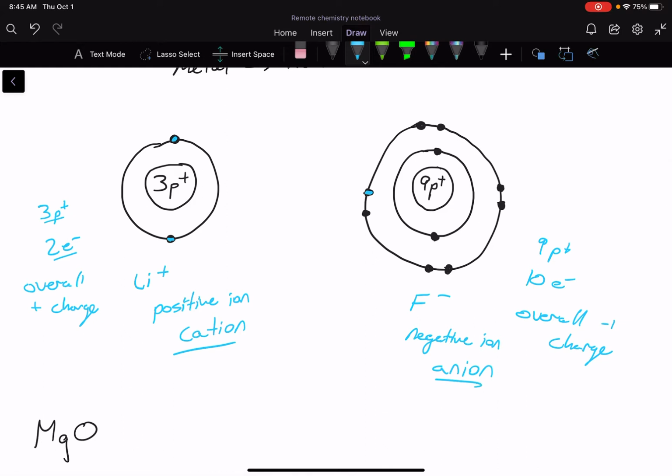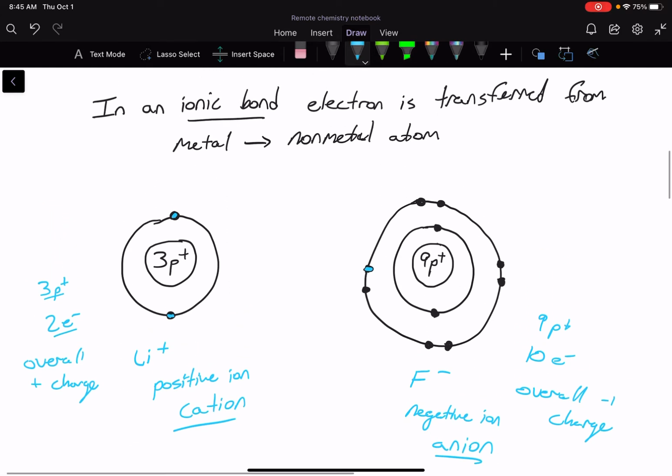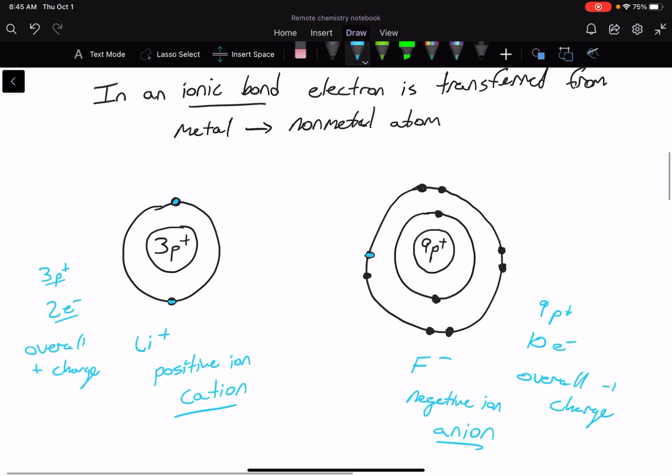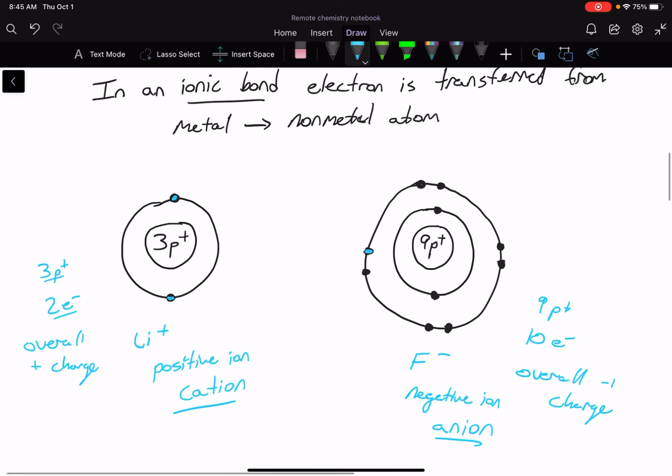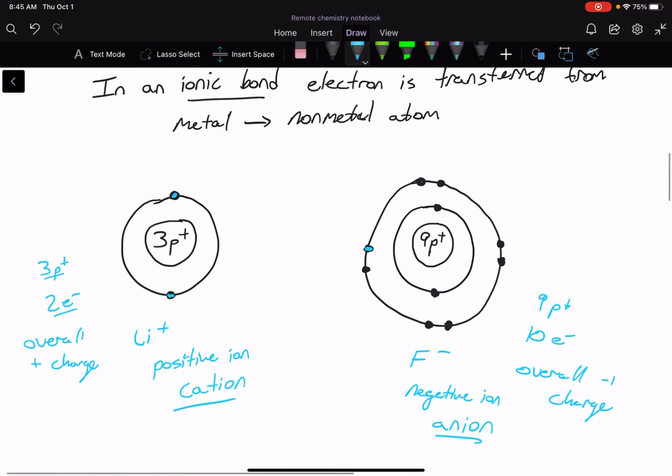So the lithium transferred one of its electrons to the fluorine so that it has a full valence shell. This first shell has its maximum of 2 electrons. And then the fluorine ion on the right side now has its full valence shell as well.